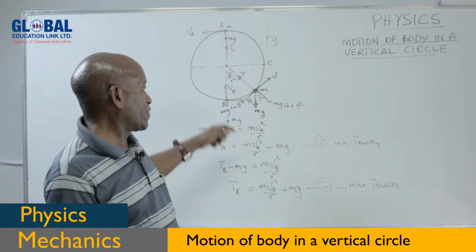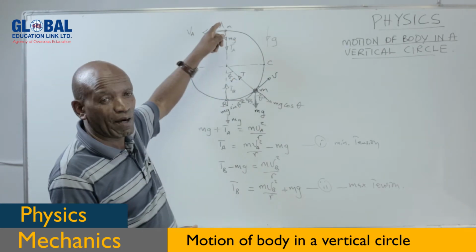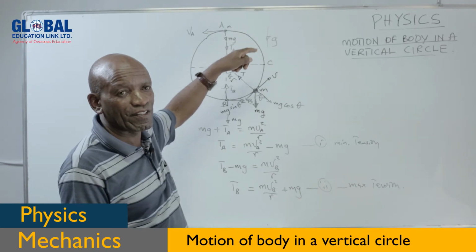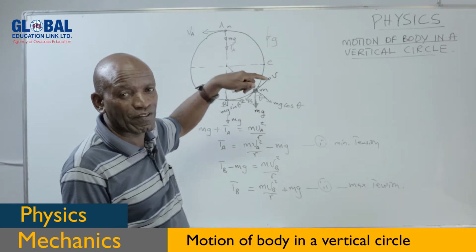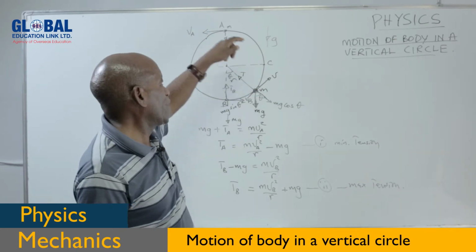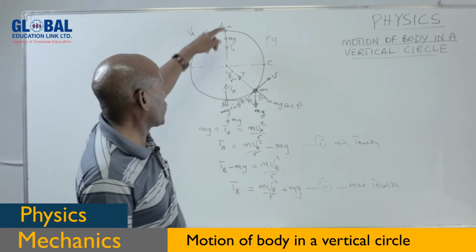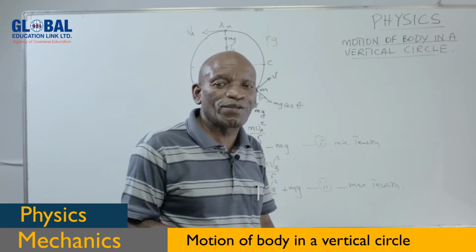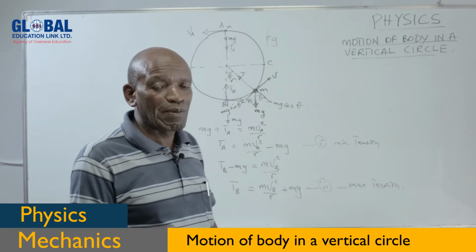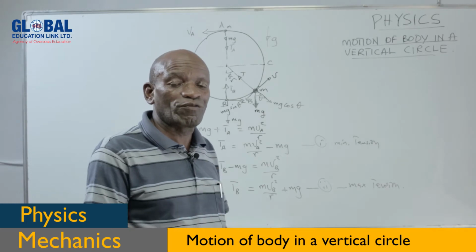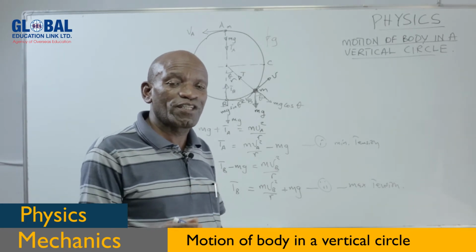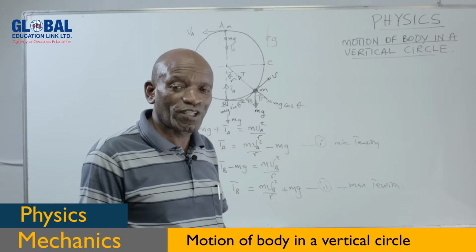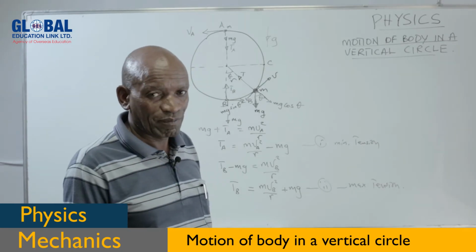Why? Because as the body is moving upward, the gravitational force opposes its motion. And whenever a body is moving downwards, let's say from point A to point B, the gravitational force supports the motion. Therefore there is such a variation of motion, and the motion of a body in a vertical circle is not uniform.